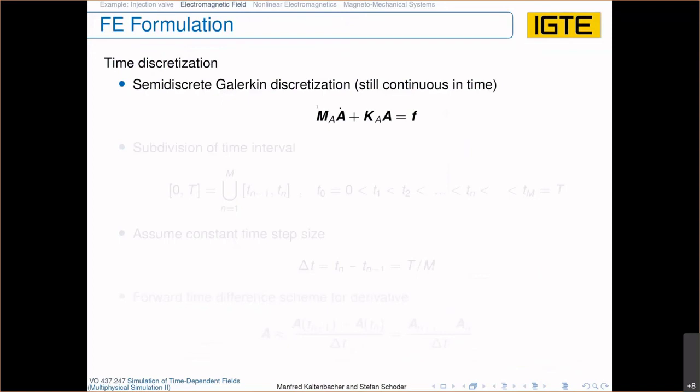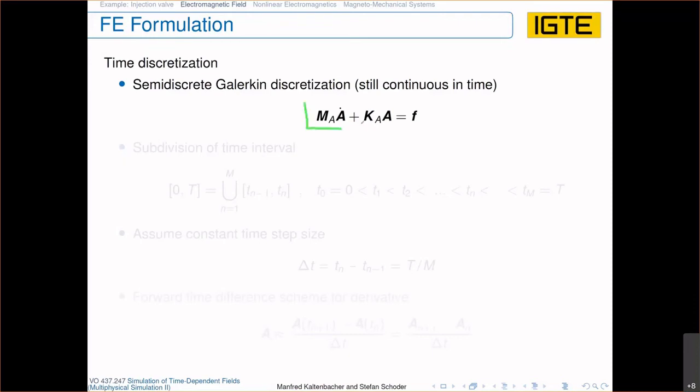Okay, so this is the 2D axisymmetric case. Before going further to some examples, and also looking at how to solve especially nonlinear problems, taking into account the nonlinearity within the ferromagnetic material, we discuss the time discretization. After the space discretization, what we have obtained is a system of ordinary differential equations, which we have written here.